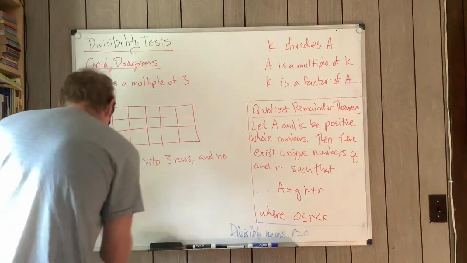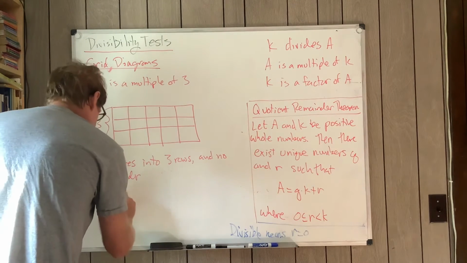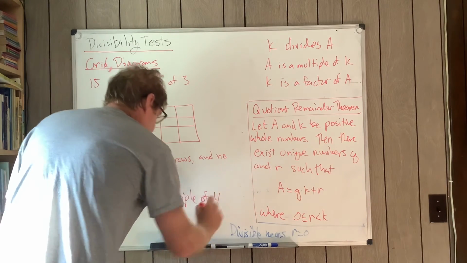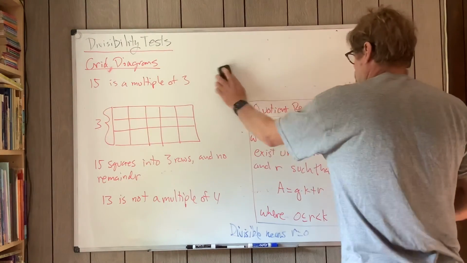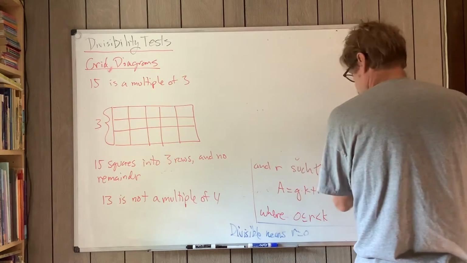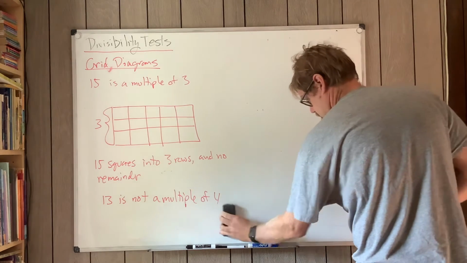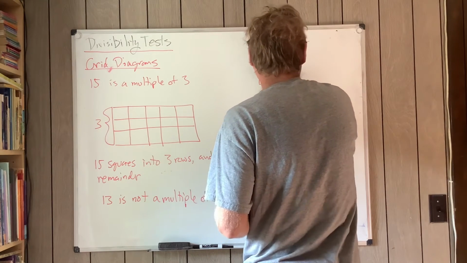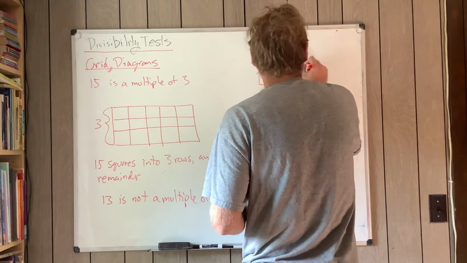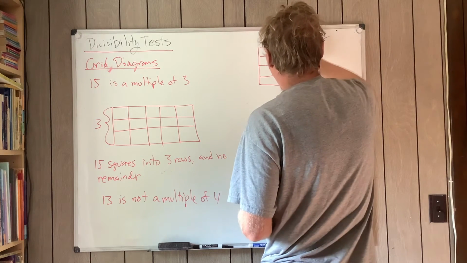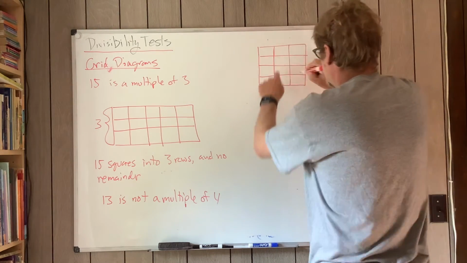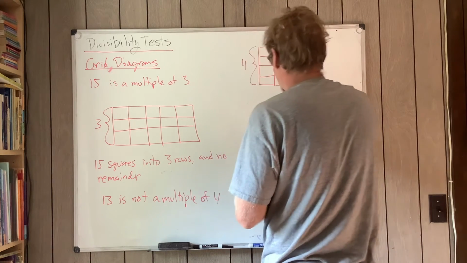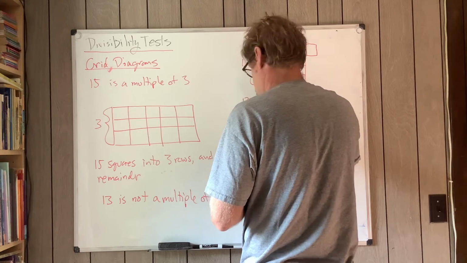So when you say something like 13 is not a multiple of, say, 4, because what I'm going to do is count: 1, 2, 3, 4, 8, 12, 13. 13 is not a multiple of 4.